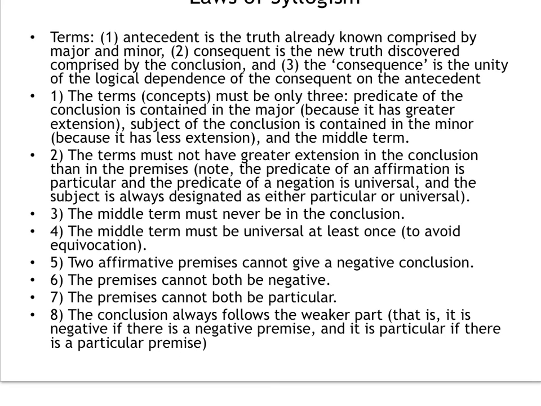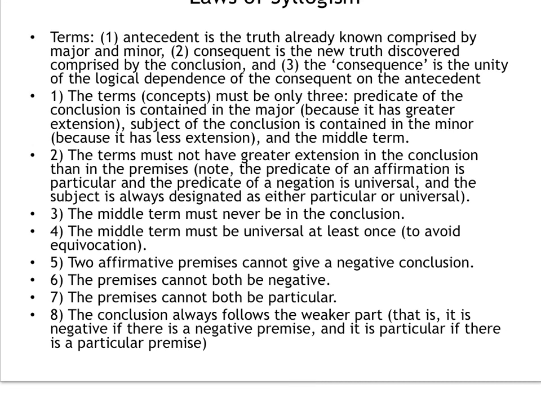In other words, if you have a universal particular and a universal negative, well then you're going to have a particular negative, because it follows the weaker part of both, the particular and the negative. If you have a universal affirmative and a particular affirmative, the conclusion has to be a particular affirmative.